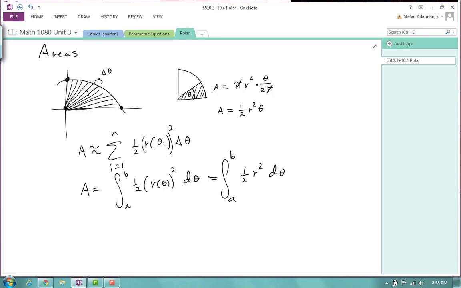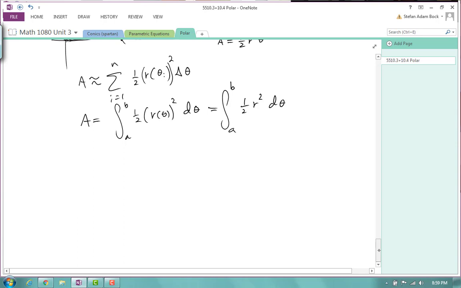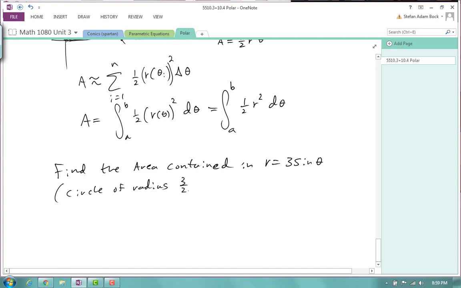The first one was r equal to 3 sine of theta. Well, we graphed that before, and I claimed that that was a circle of radius 3/2, which should have area pi times 3/2 squared, which is equal to 9 pi over 4.